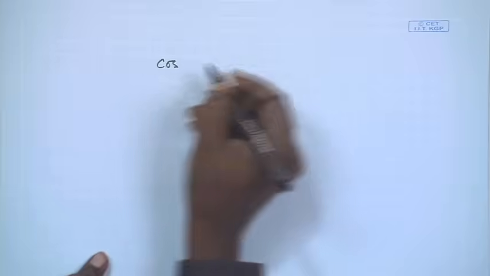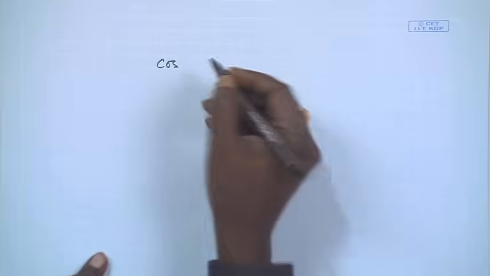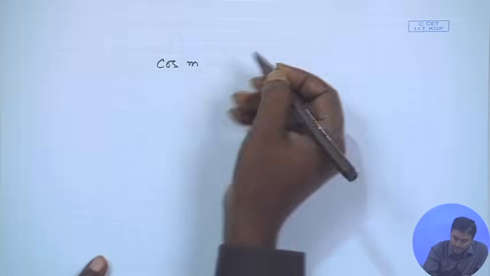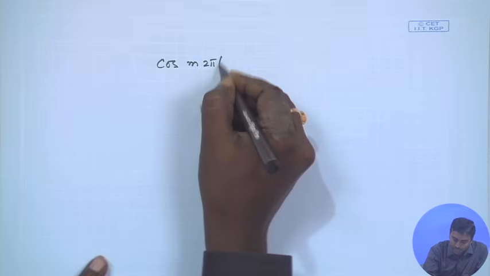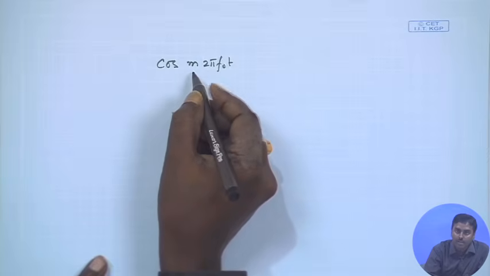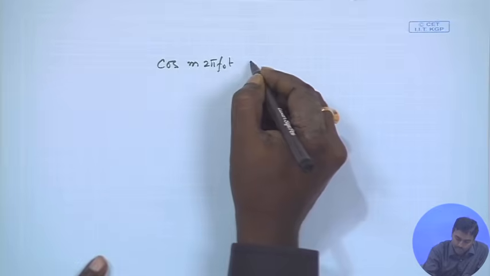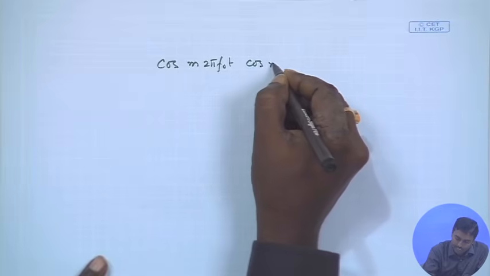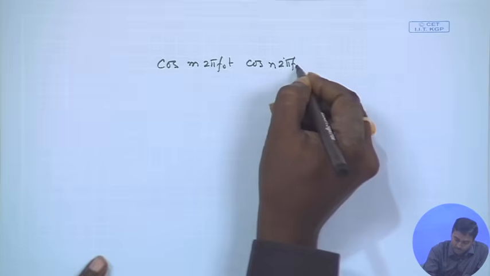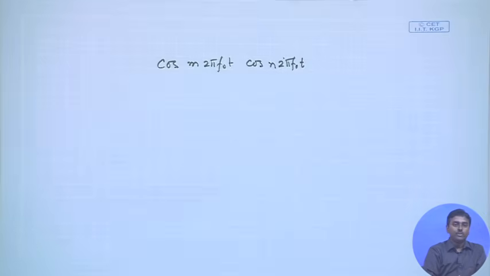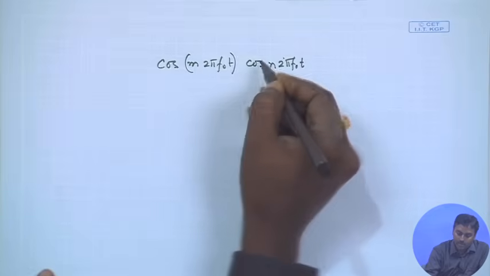So he started inquiring whether two cosinusoids, cos m 2 pi f0 t and cos n 2 pi f0 t, for different values of m and n, are orthogonal or not.